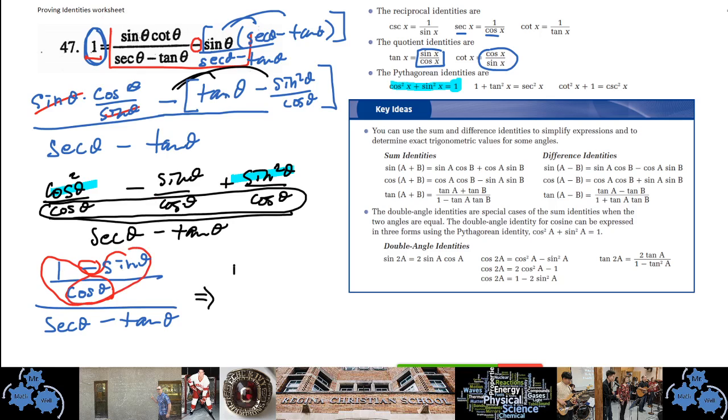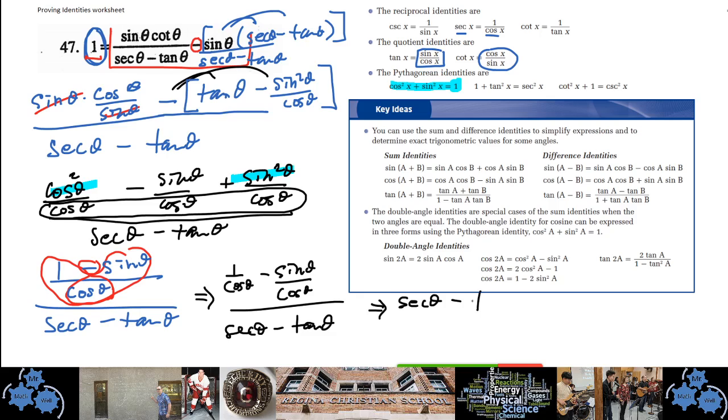Let me show you. What's 1 over cos theta? And what's sine over cos? One over cos is secant theta. Sine over cos is tan theta. Looky, looky. Nice. So that equals 1, which is exactly what we're looking for.